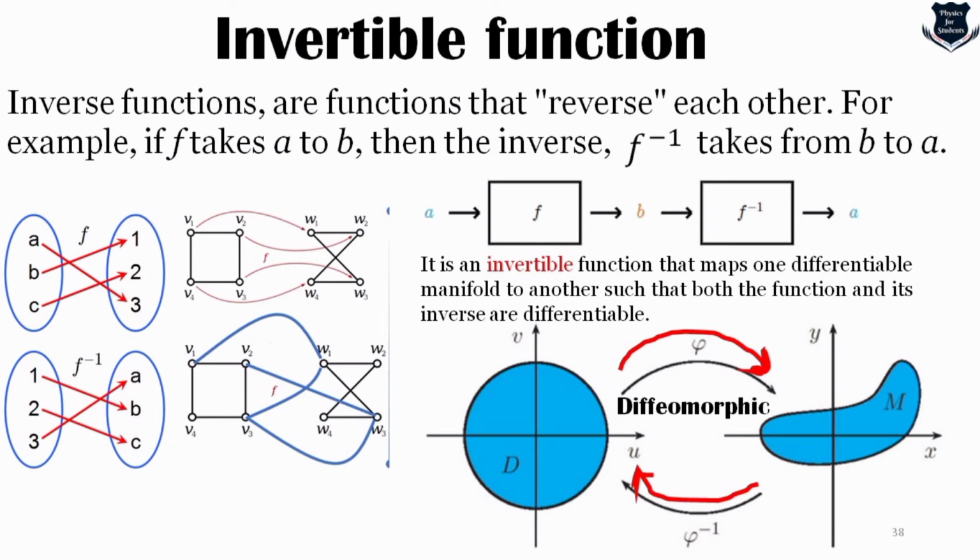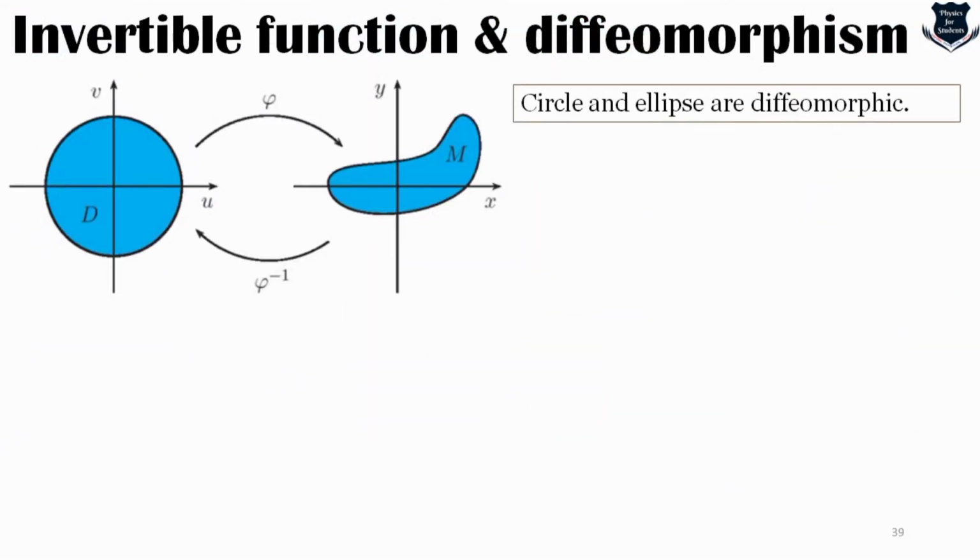So it is an invertible function, like the inverse. It is mapping one differential manifold to another. The nodes which we connected, I just wanted to cite an example. These nodes are also connecting to each other. So now we have understood the second component of diffeomorphism: what is an invertible function? Once we are mapping one part to another, the function and the reverse function should also take us to each other.